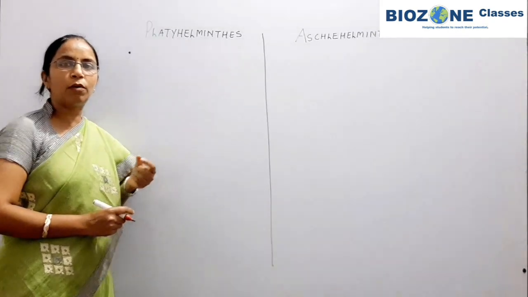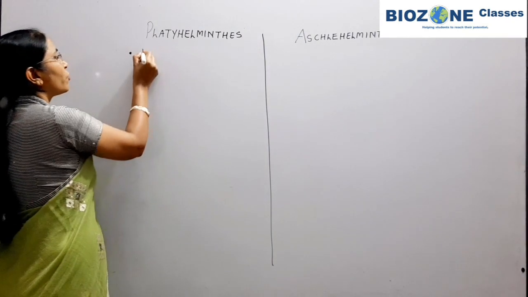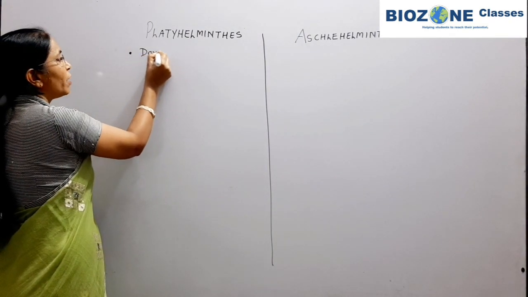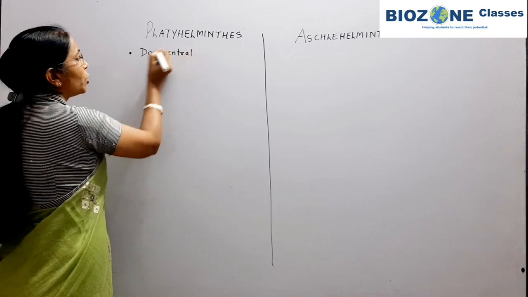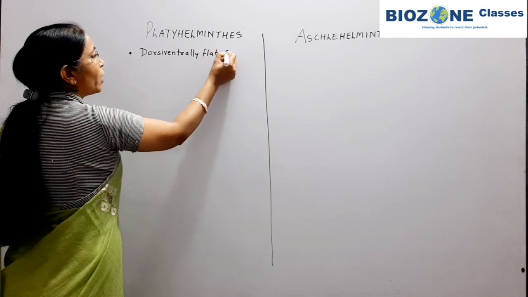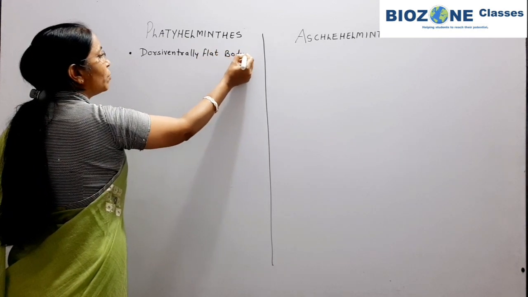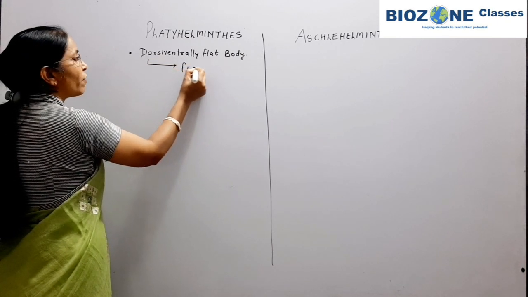Platyhelminthes are commonly called flatworms. Why are they called flatworms? Because the body of the worms is dorsiventrally flat, just like a ribbon or a leaf. Because of that, the members of this class are commonly called flatworms.